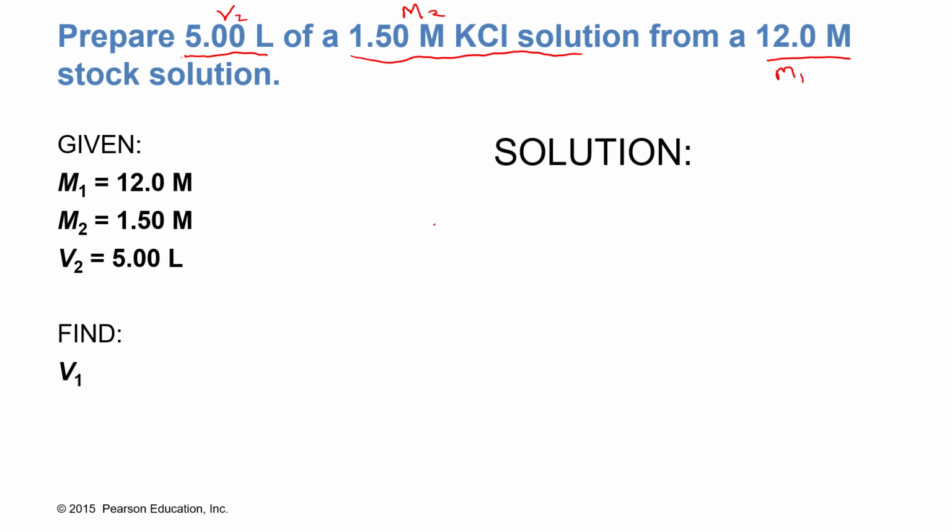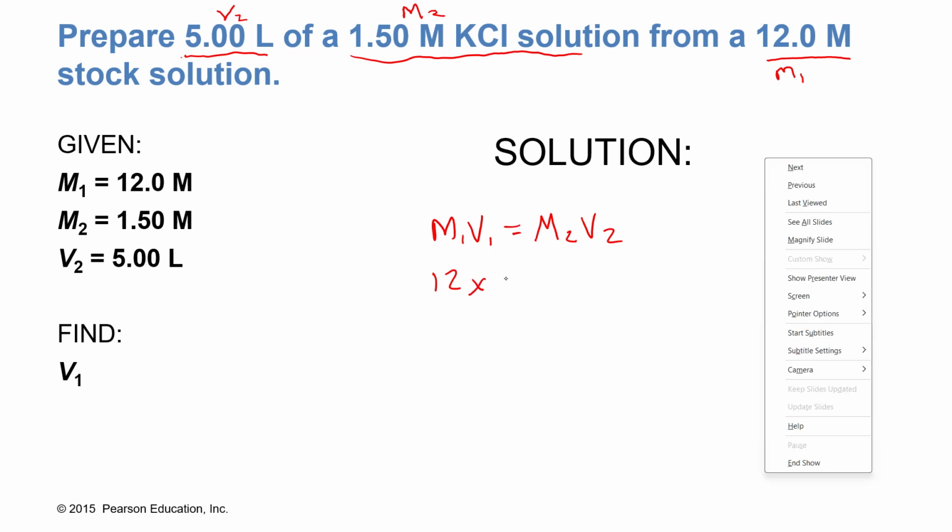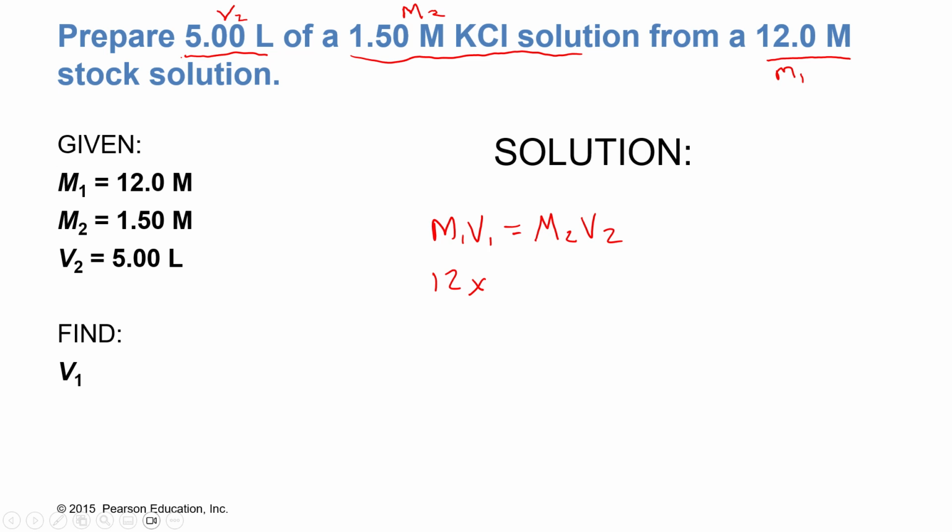So in our equation, M1V1 equals M2V2. We have 12. We don't know our V1. That's what we're calculating. We're going to set that equal to 1.5 times 5.